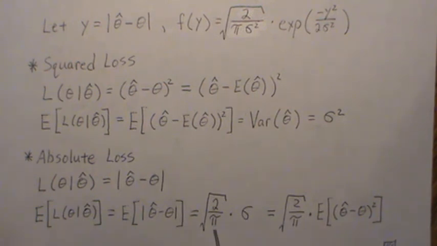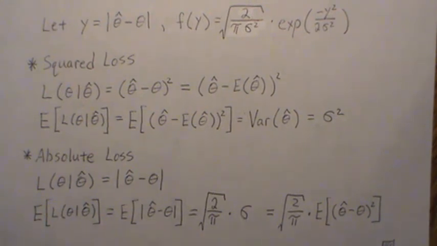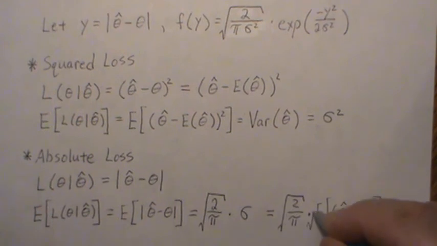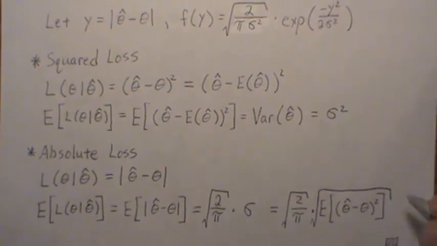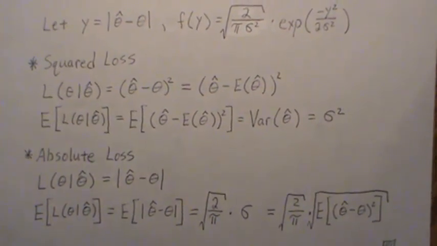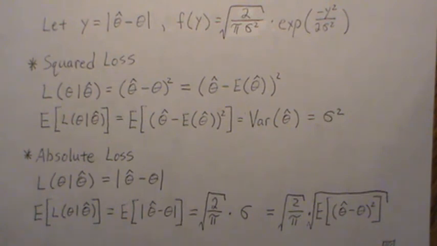So then this is the standard deviation, this is the constant, but I actually forgot to take the square root of that. So this loss function is proportional to the root of the mean squared loss.